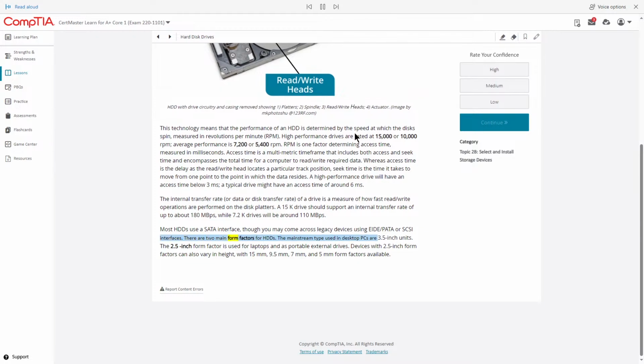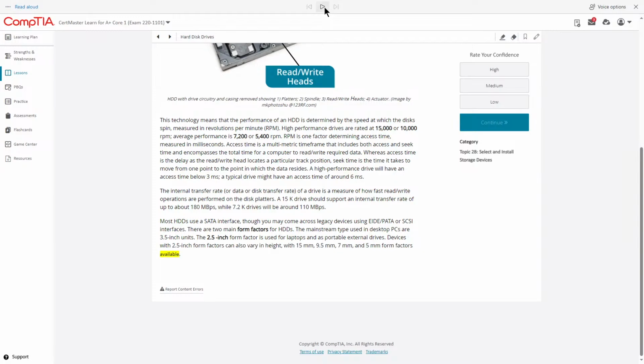There are two main form factors for HDDs. The mainstream type used in desktop PCs are 3.5-inch units. The 2.5-inch form factor is used for laptops and as portable external drives. Devices with 2.5-inch form factors can also vary in height, with 15 mm, 9.5 mm, 7 mm, and 5 mm form factors available.